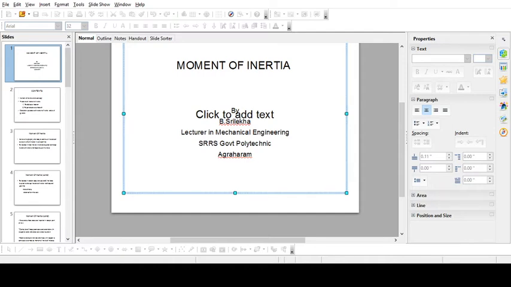Next, triangle. Let us consider a triangle. We know that for a triangle the area is half b h. Along the x axis the centroid is at h by 3, and in the other direction it is 2h by 3 or h by 3.